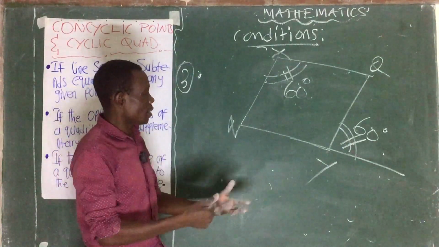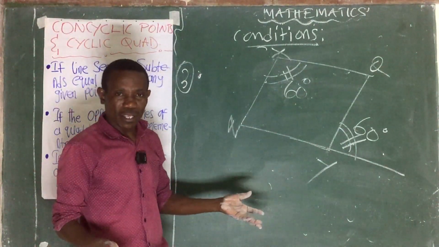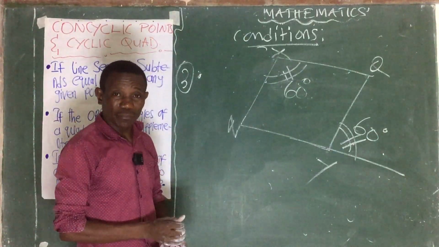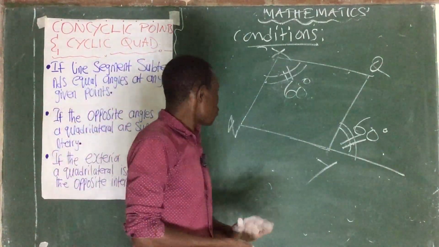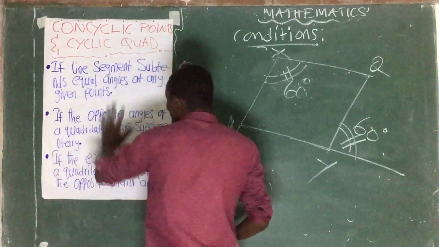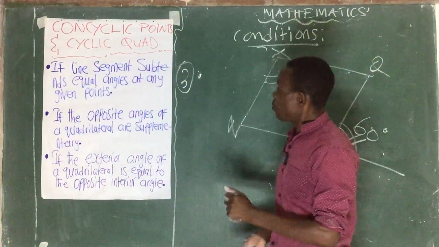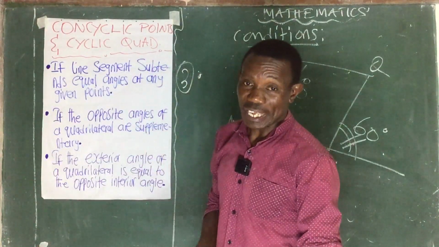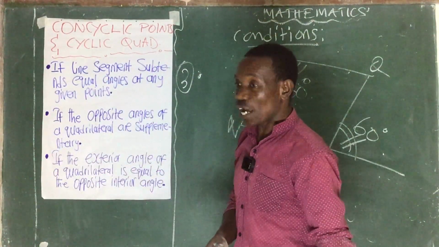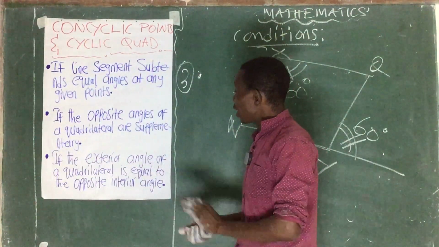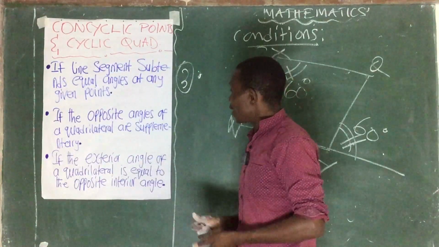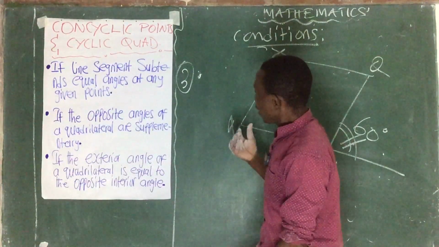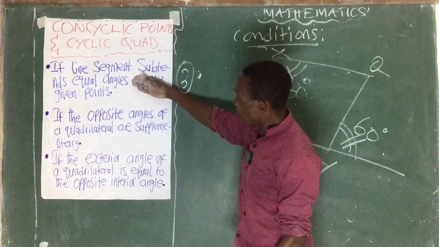Because if something is a cyclic quadrilateral, what do you expect about the vertices? They must lie on the circumference of the circle. Right. So these are the three conditions that can be used to test if a particular quadrilateral is cyclic. So every time you are asked to prove that a quadrilateral is cyclic, please try to check the three conditions.